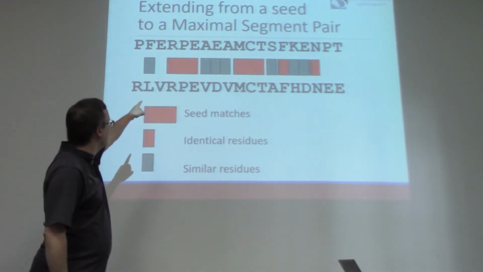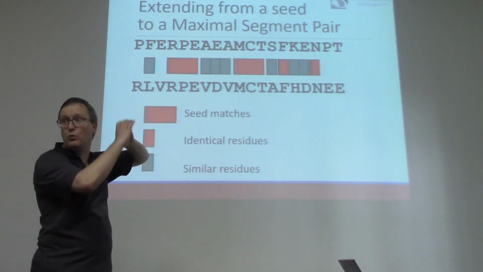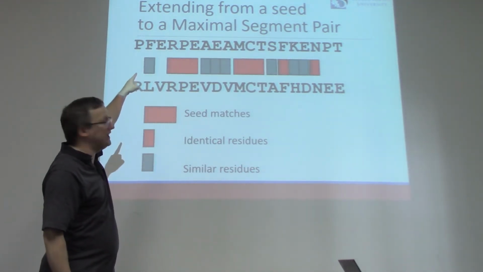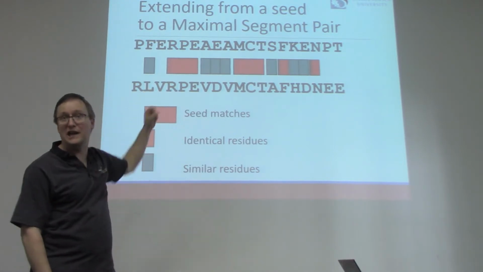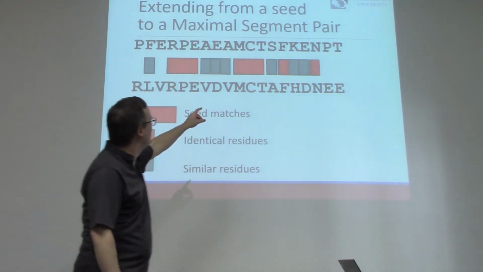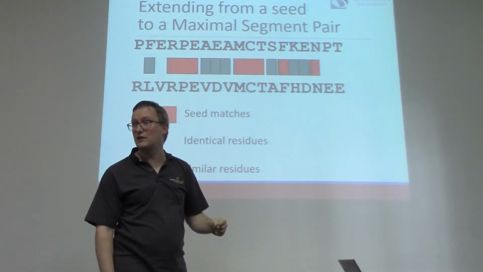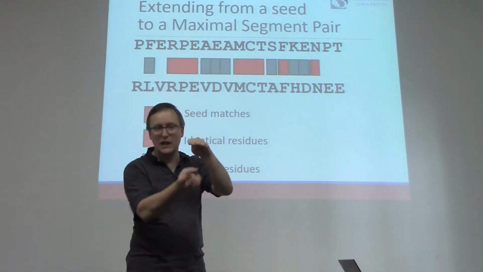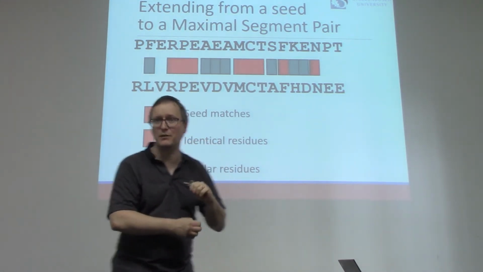So here I've got RPE that I've marked as a big wide red block. That's a seed match because RPE is found both in our query and in the sequence from the database. We also have MCT down here. So MCT is identical between the sequence we gave as the query and this particular entry from the database.